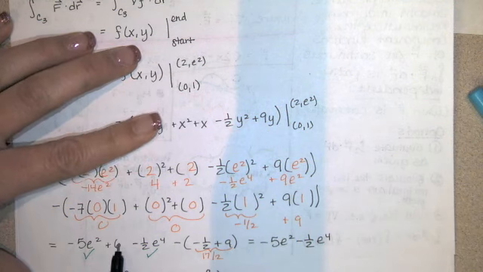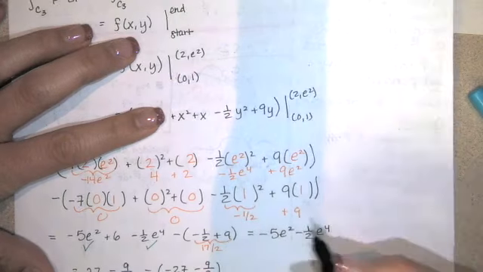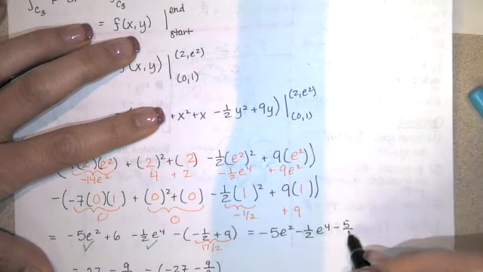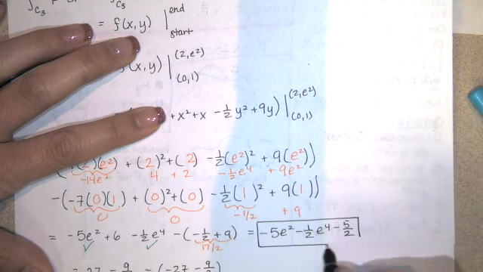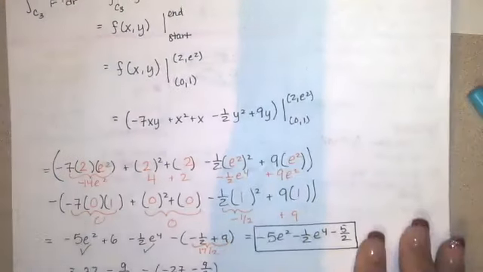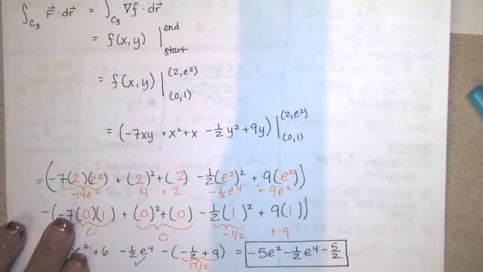I've got 12 over 2 minus 17 over 2 is going to be negative 5 over 2. Or negative 2.5, which is the same result we would have obtained the other way. So that is our answer. That is the value of that line integral using the fundamental theorem of line integrals.